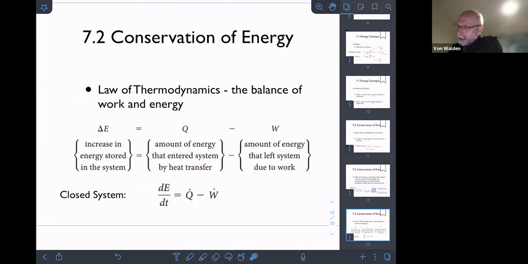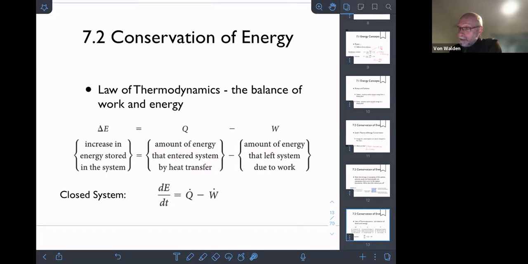So the first law of thermodynamics says that there needs to be a balance of work and energy. The increase in energy stored in a closed system is going to be equal to the amount of energy that entered the system by heat transfer minus the amount of work done by the system.